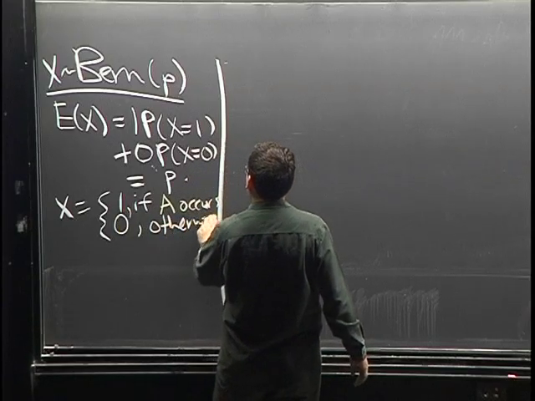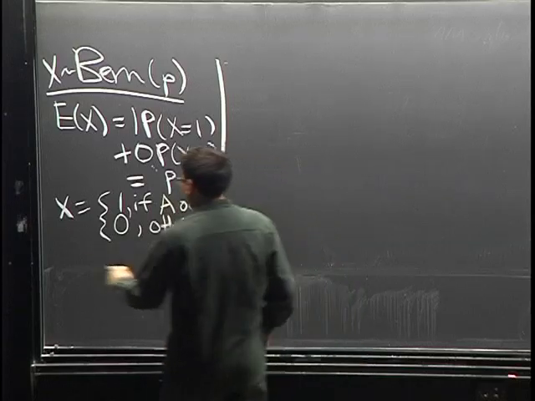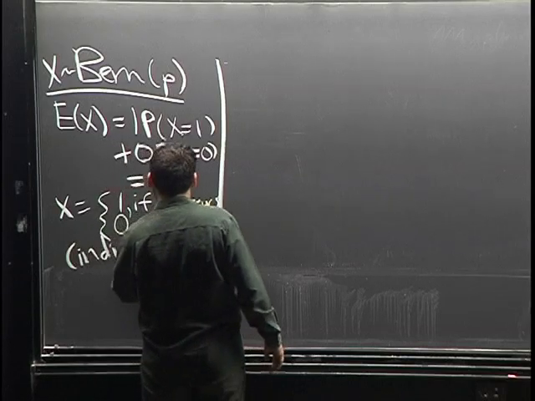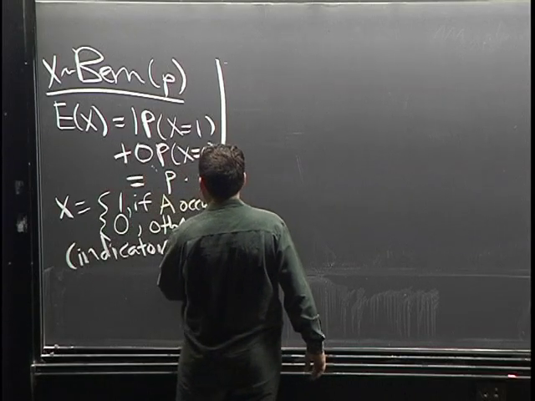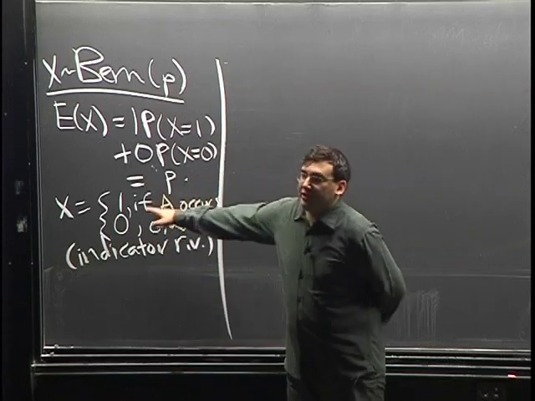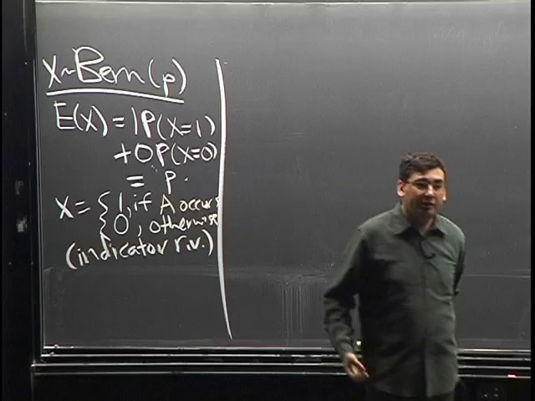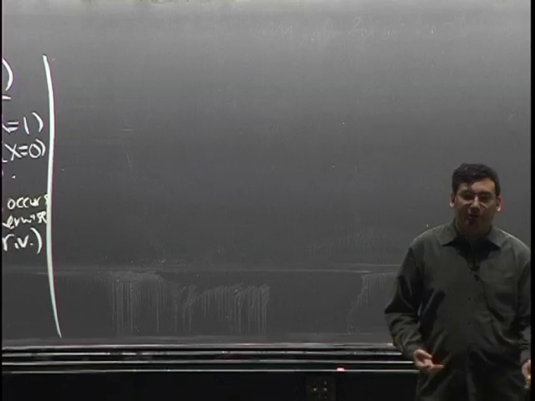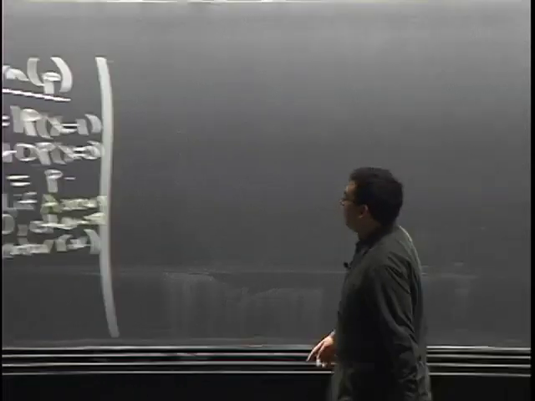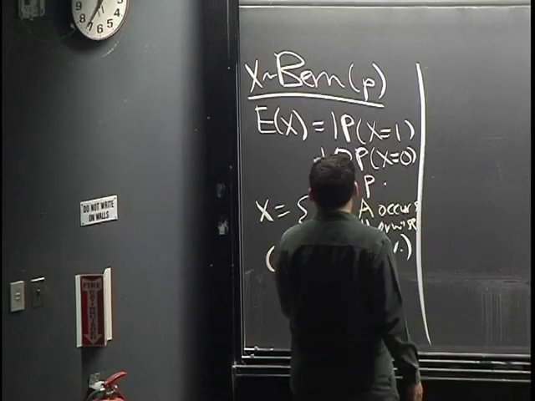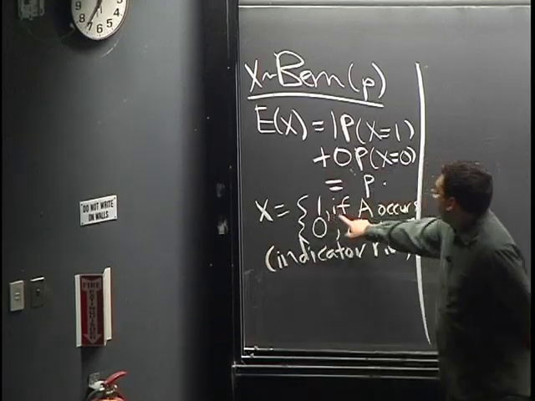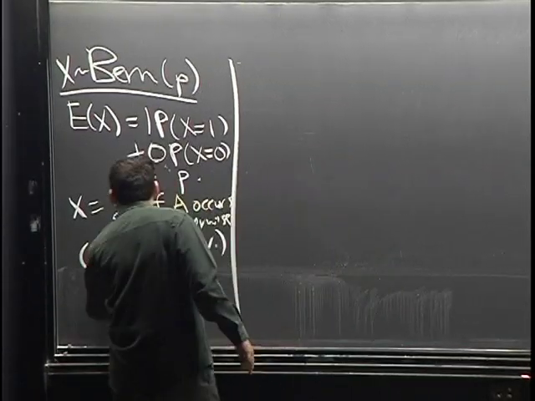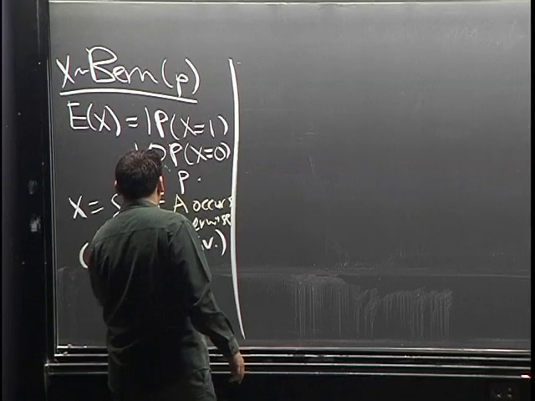That's called an indicator random variable, and we'll be using those a lot. So an indicator random variable is just saying 1 if the event occurs, 0 otherwise. By definition, that's Bernoulli, right? Because it's either 1 or 0. So what we've just shown is that the probability that it is 1 is the same as the probability that A occurs. So therefore, E of x equals P of A.